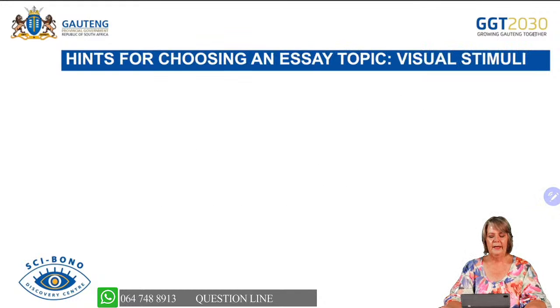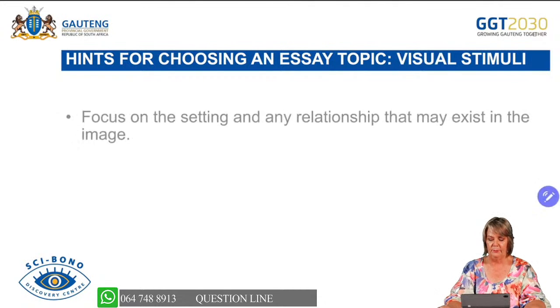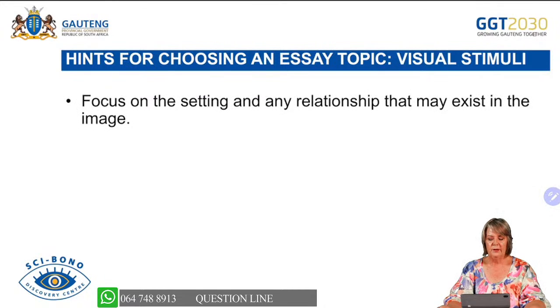Let's take a look at hints for choosing an essay topic specifically with reference to the visual stimuli. Focus on the setting and any relationship that may exist in the image. Now, relationship is if there are two characters in the picture, what does their body language and facial expression tell you?